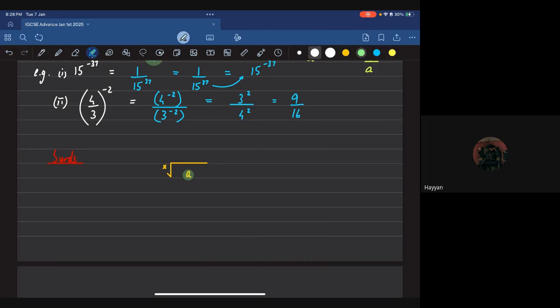This is your base again, and this right here is your surd, or your root.